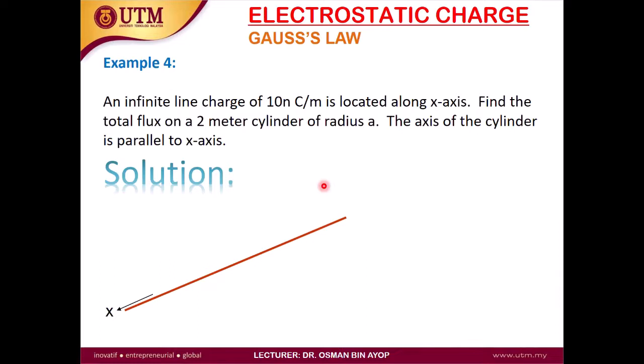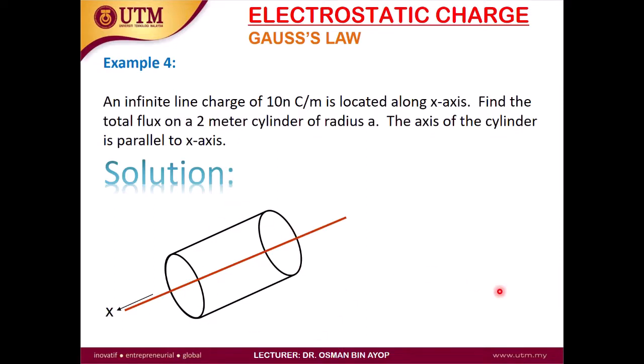This is your line charge, very long, and you take just 2 meters of the line charge. Then it has the radius of a. This is your Gaussian surface.